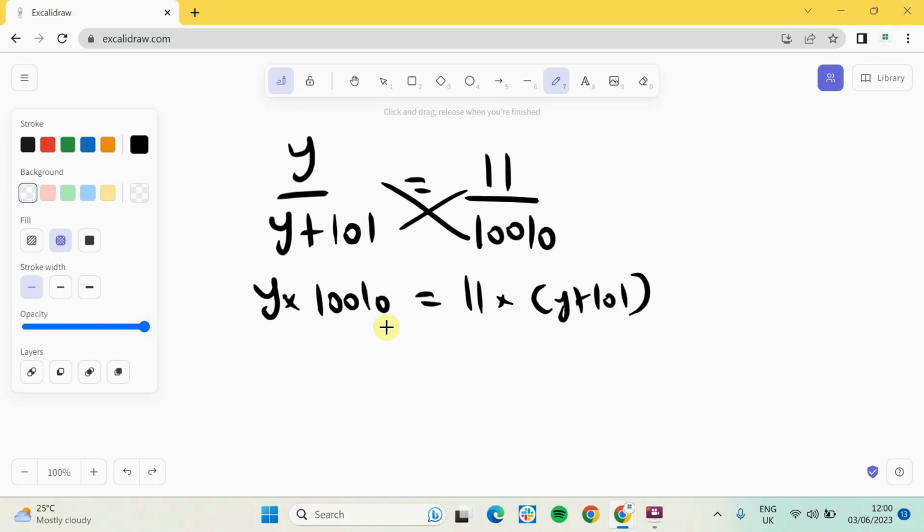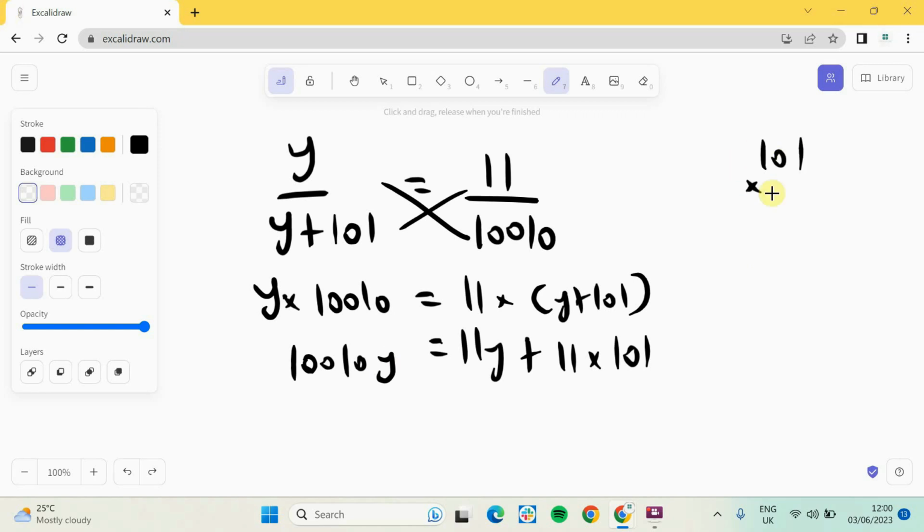Let's expand the brackets. This would be 11y plus 11 times 101. Remember, this is in base 2. And this would be 10y. So if I do 101 times 11, remember, we're working in base 2, right? 1 times 1 is 1, 1 times 0 is 0, 1 times 1 is 1. 1 times 1 is 1, 1 times 0 is 0, 1 times 1 is 1, right?